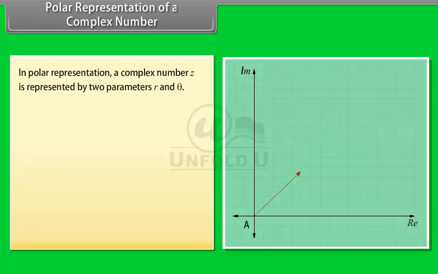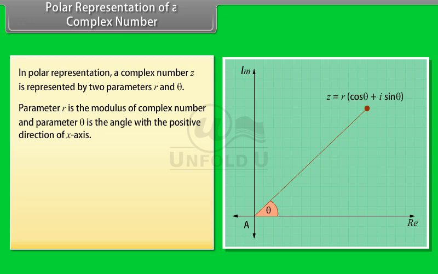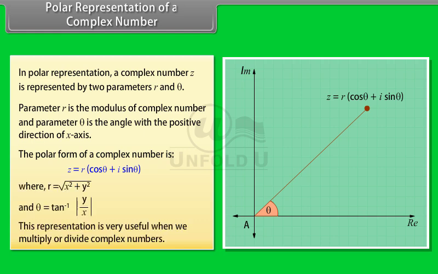In polar representation, a complex number z is represented by two parameters r and theta. Parameter r is the modulus of the complex number and parameter theta is the angle with the positive direction of x-axis. The polar form of a complex number is z is equal to r into cos theta plus iota sin theta. This representation is very useful when we multiply or divide complex numbers.